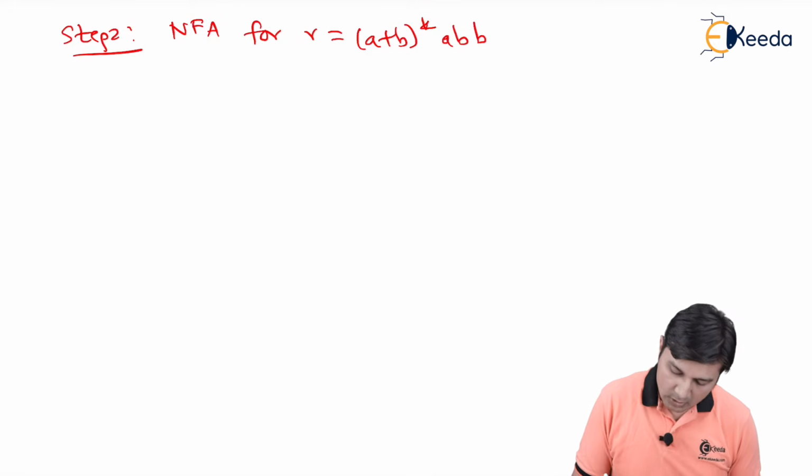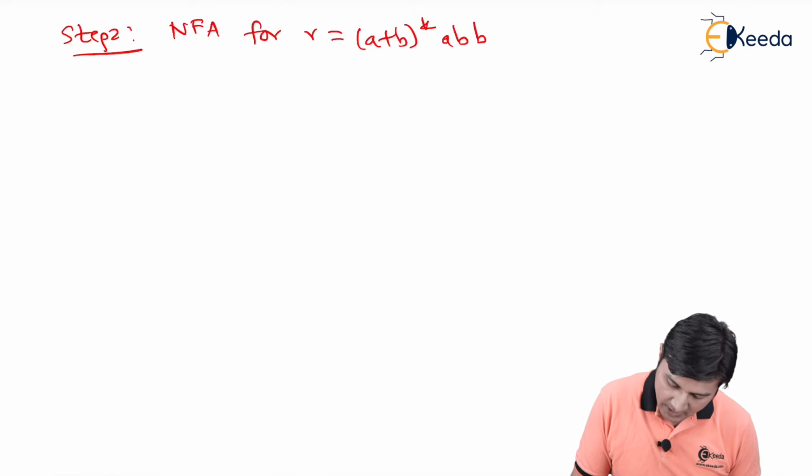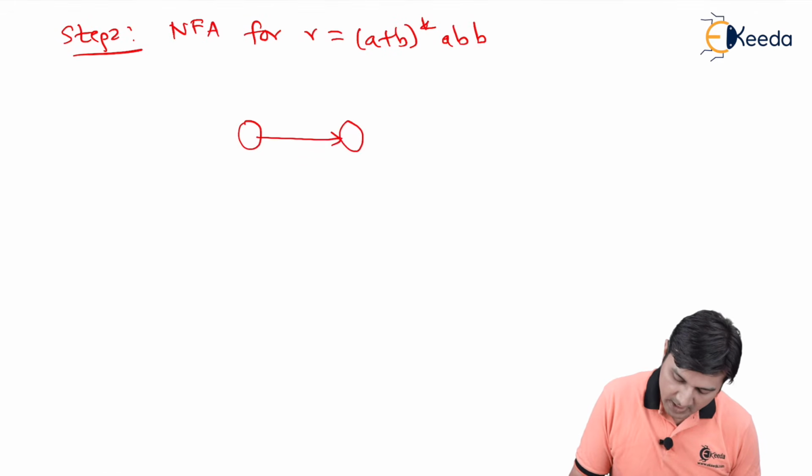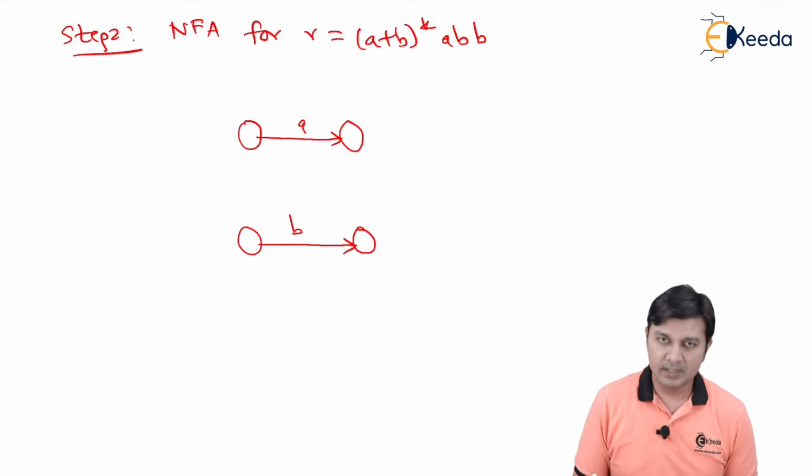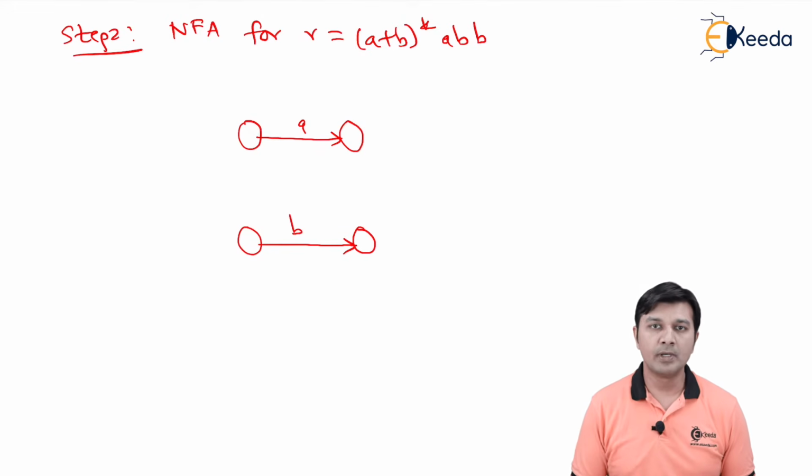Let's draw it. Initially I have to draw the NFA for A. This is my NFA for A. I have to draw the NFA for B. That is my NFA for B.